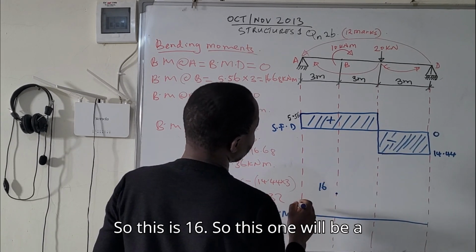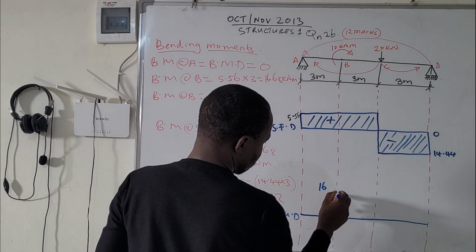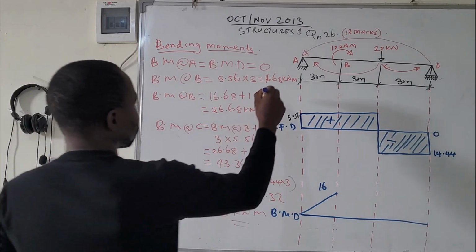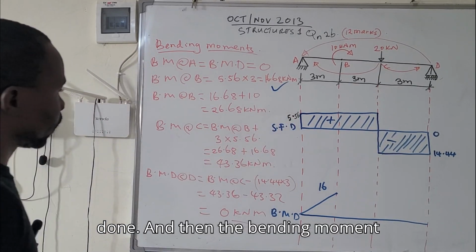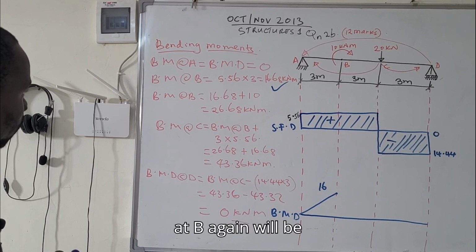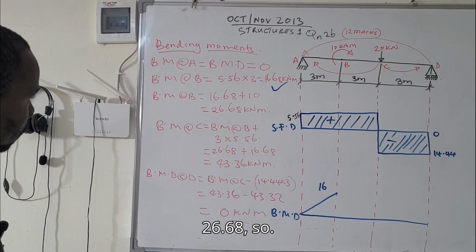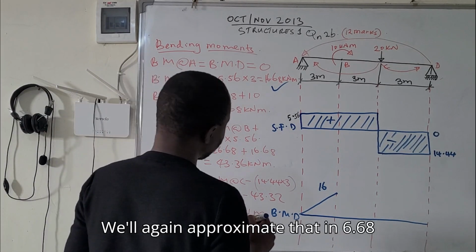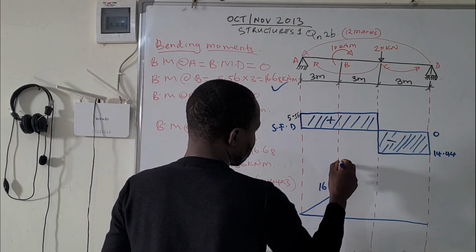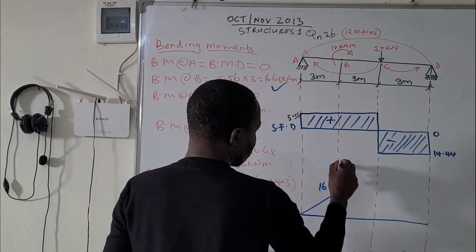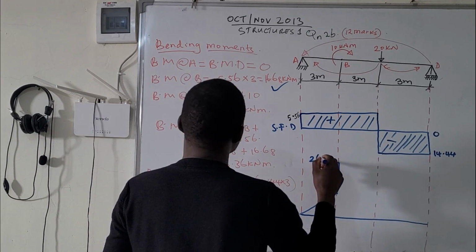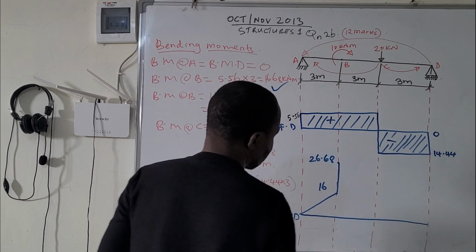So this one will be a diagonal line like that. Then the bending moment at B again will be 26.68. So we again approximate where 26.68 is, somewhere, let's say like there. 26.68, done.